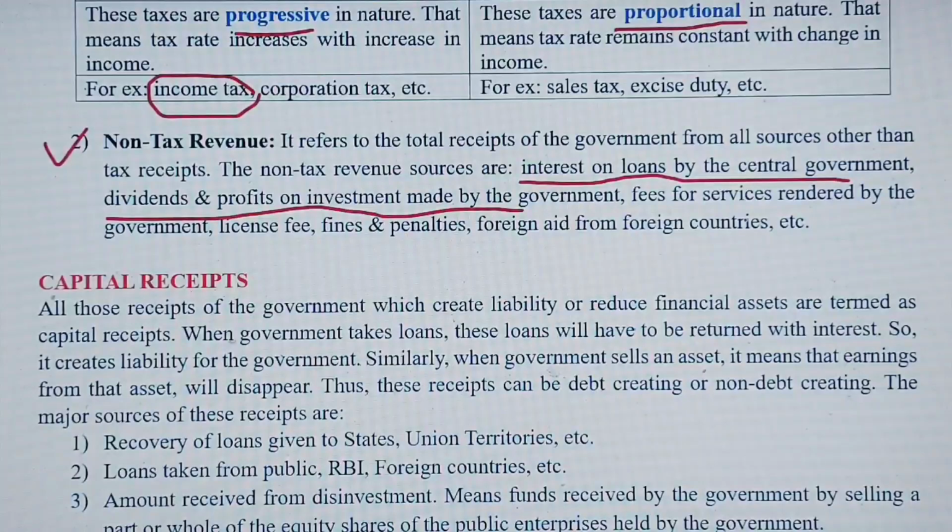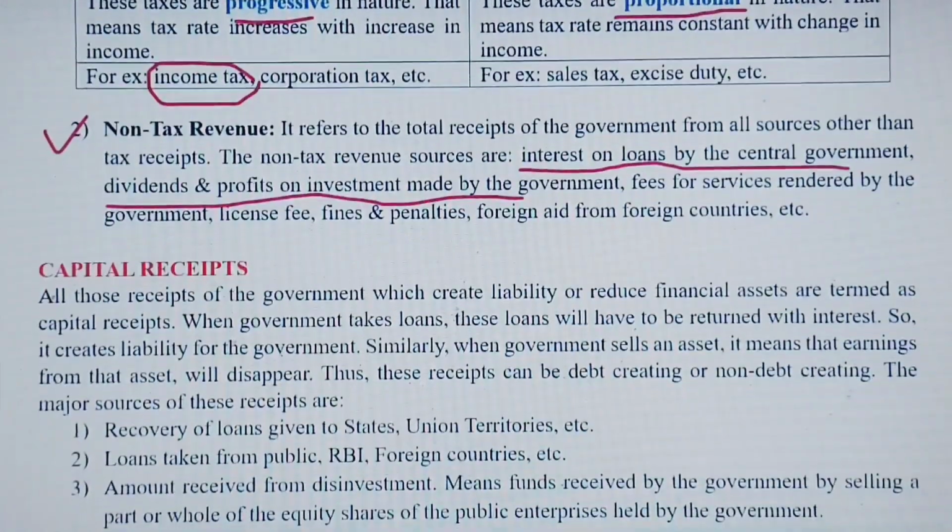These are a part of non-tax revenue, which is not directly imposed on the people of the country. These are the income of the government itself. So these examples you must learn for the exam.